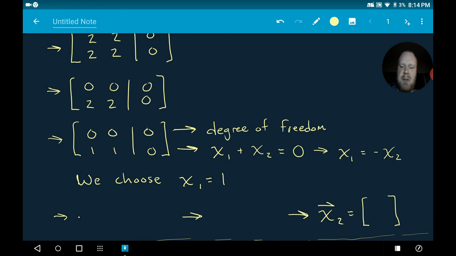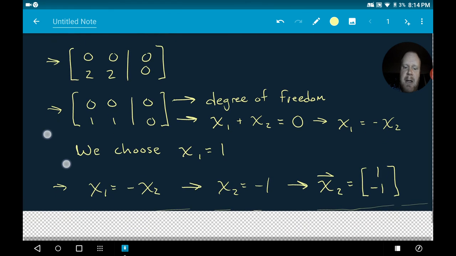And if x1, let's see, we have x1 is equal to negative x2. So that means that x2 has to be equal to negative 1. So our second eigenvector is going to be 1, negative 1, just like that.